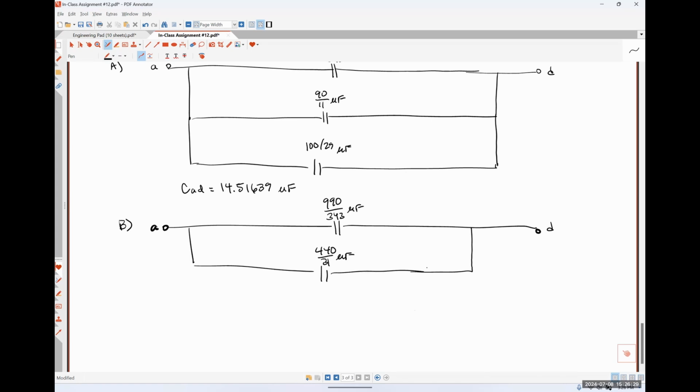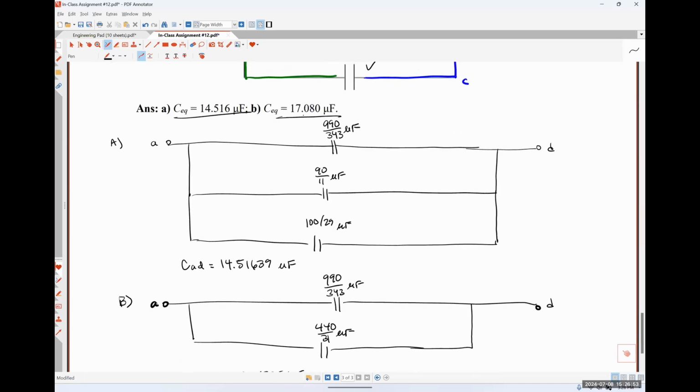And then now I would just add these two together. So for part B, we'd have 990 over 343 plus 440 over 31, which I got to be 17.0798 and some change. So 17.080 seems legit.